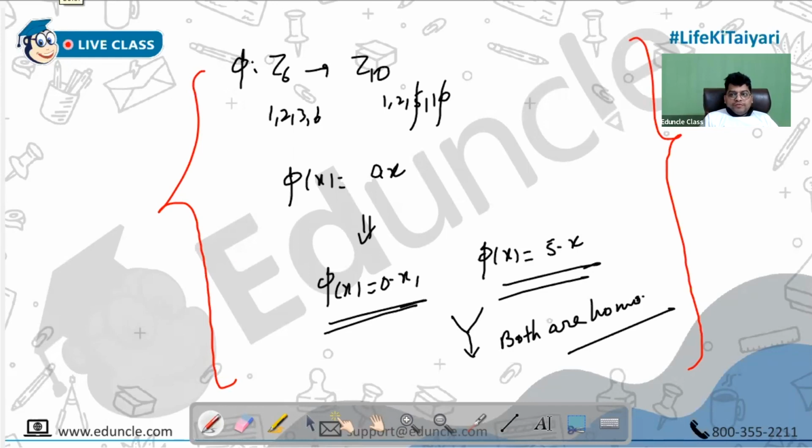What are the homomorphism? Basically, sometimes there is a question: if phi is a homomorphism which maps this to this, then what is the next image? Let us consider a question दे दिया मैंने.